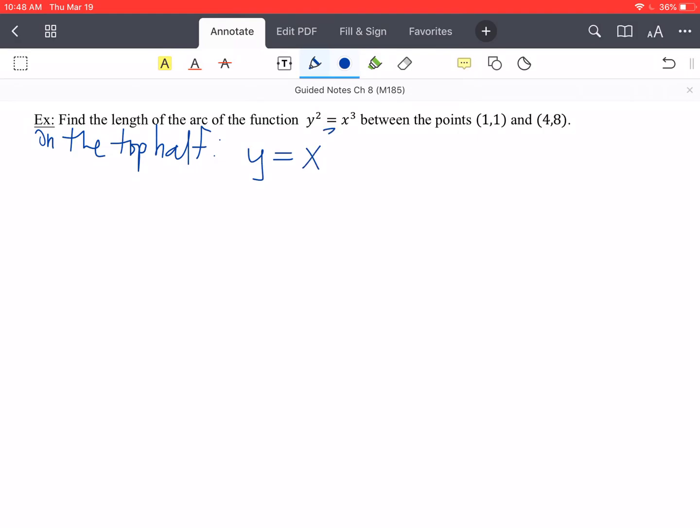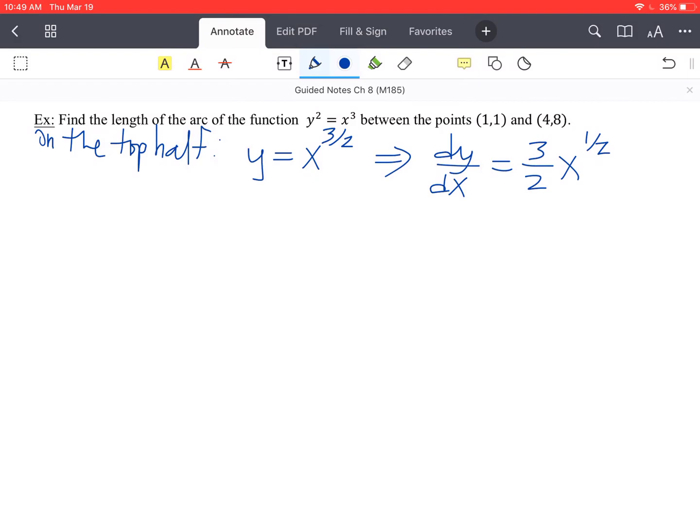Take the square root, so y equals x to the 3/2 power. If we're trying to take a derivative of this, we just use the power rule. So dy dx equals 3/2 x to the 1/2. And that would be our derivative.